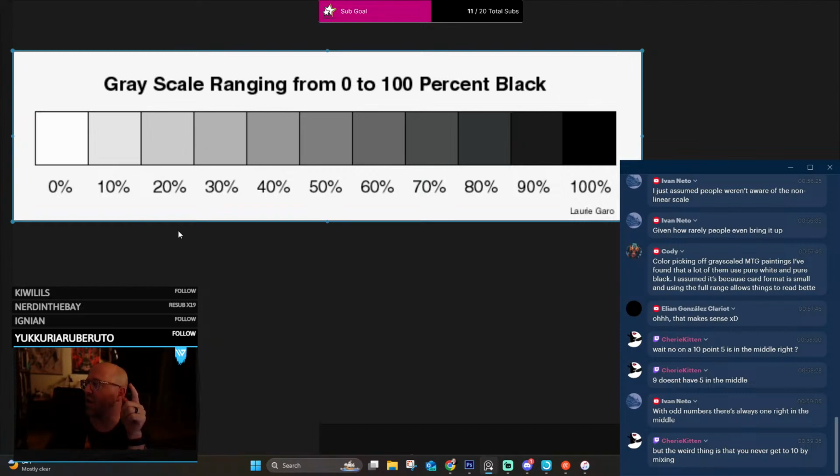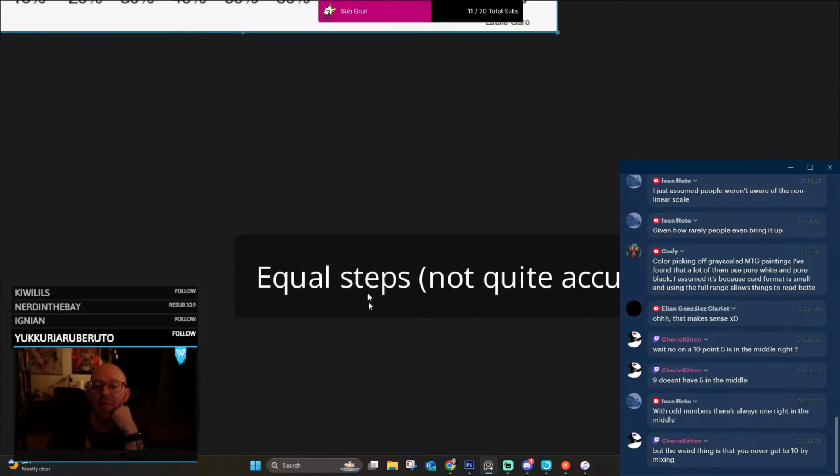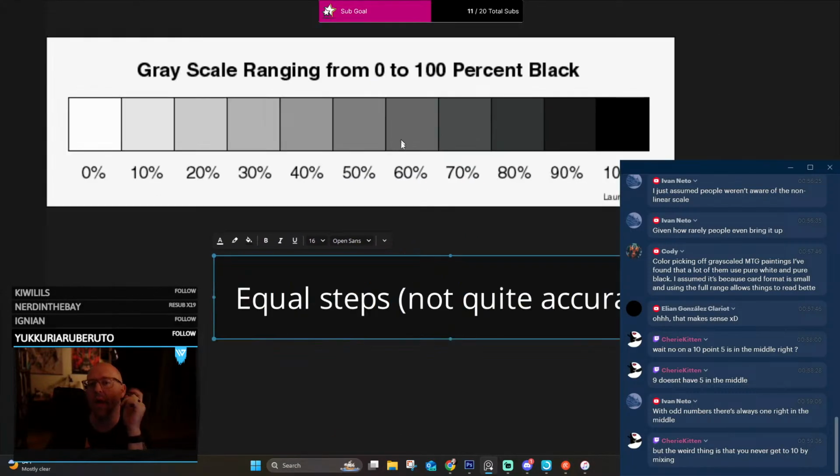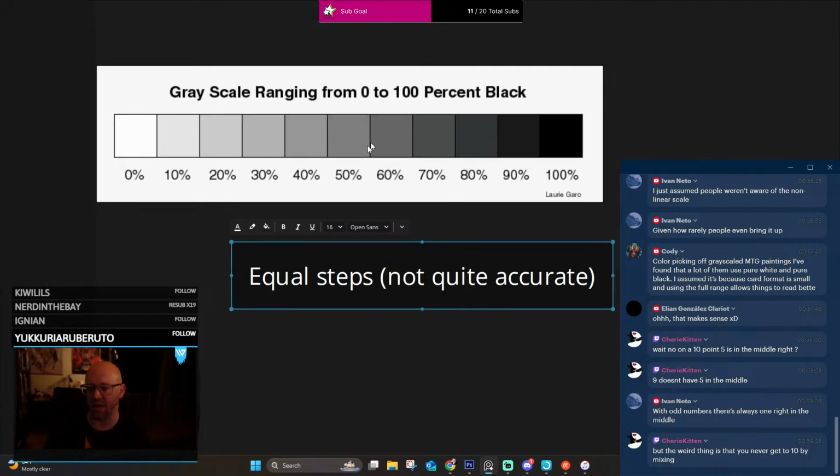This is where equal steps are not quite accurate. This is what exponential literally means. The darks drop off so much faster than any of your lights or your midtones. You could have 1 billion values between your lights and your midtones.